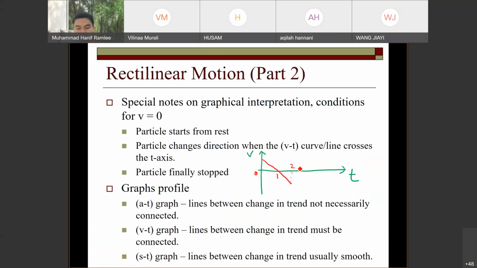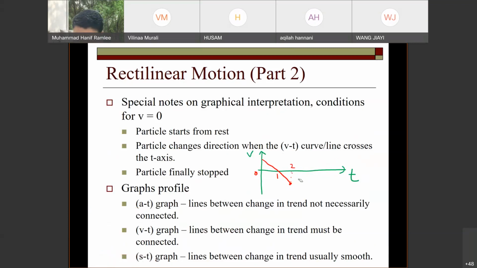And the next change, let's say it is not negative anymore, it should be positive, for example. The next change should be connected from here, like this.